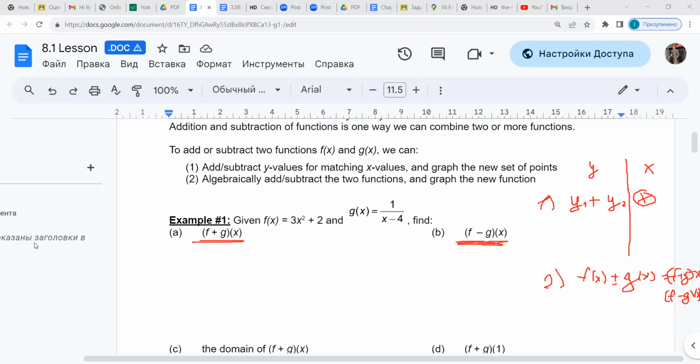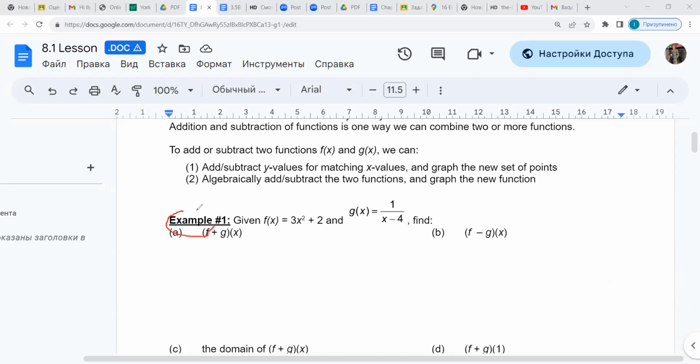And then what we're going to do next is solve example number 1. Example number 1 gives us f of x equals 3x squared plus 2, which is a quadratic function, right? And g of x is 1 over x minus 4, which is a reciprocal function. So let's try f plus g of x.